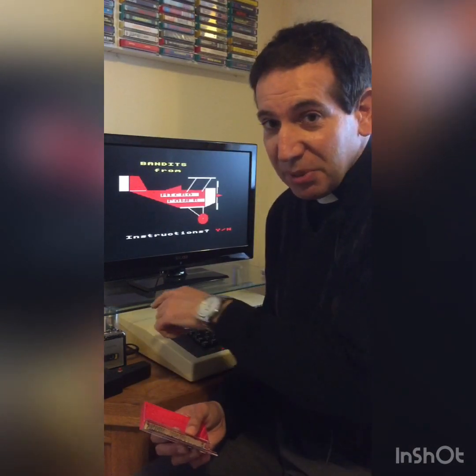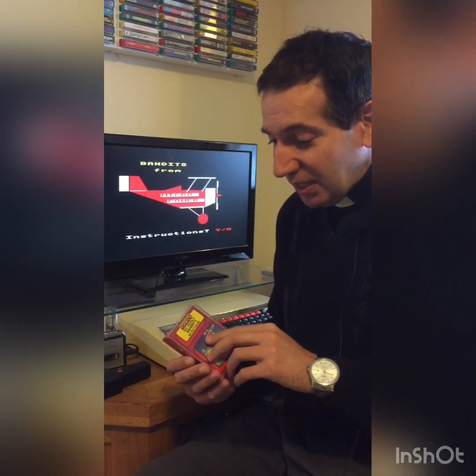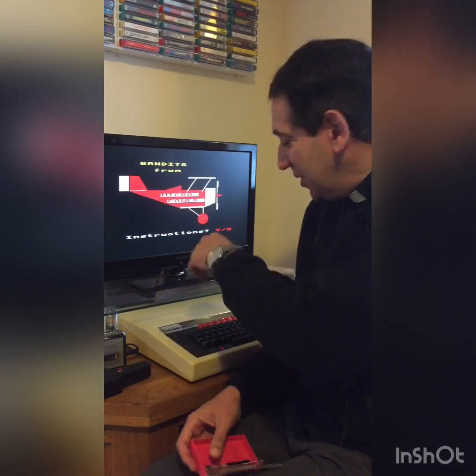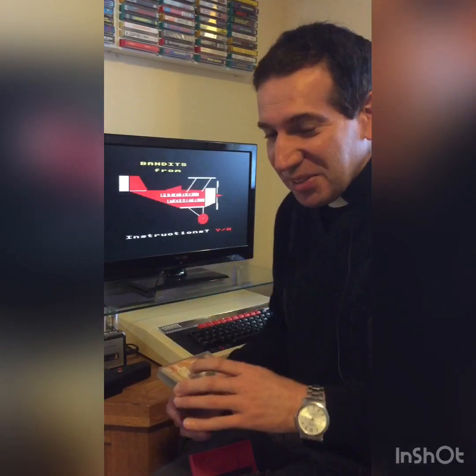First of all, not sure if you can see that. This is for holding a cassette tape. Now the cassette tape is in the tape recorder, and that's where the game is. I'm not sure if maybe you've not heard of a cassette tape before.